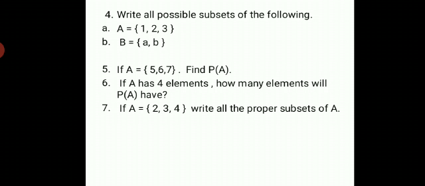So the proper subsets of A are: first you list out {2} within a flower bracket, that is one group, {3} separately, again {4}, then within a flower bracket {2, 3}, then {2, 4}, then {3, 4}, then the null set. Leaving {2, 3, 4}, all the rest of the elements will be grouped. So the total number of proper subsets here is 7. So this is a clue for you.